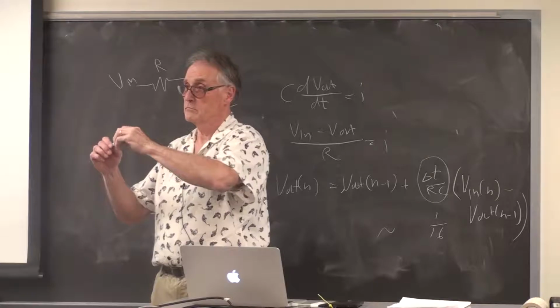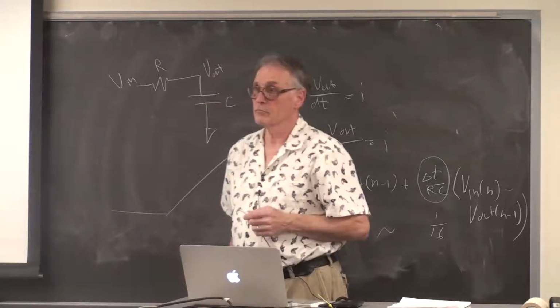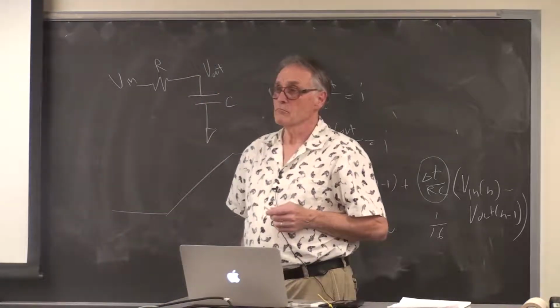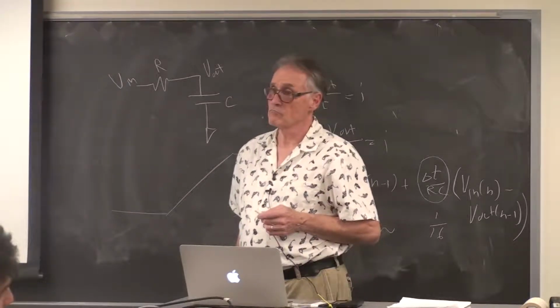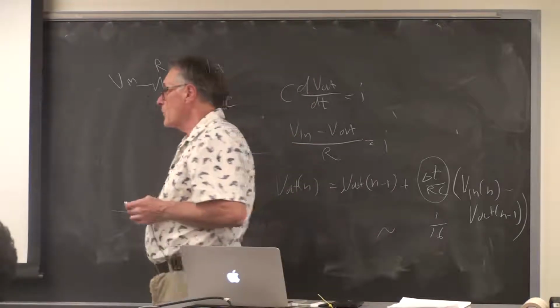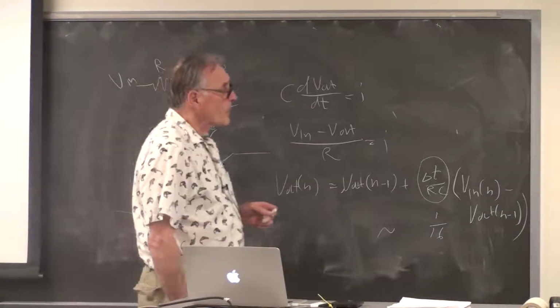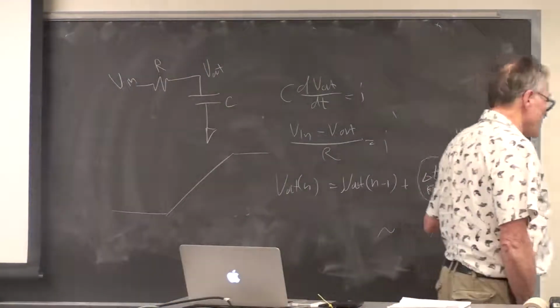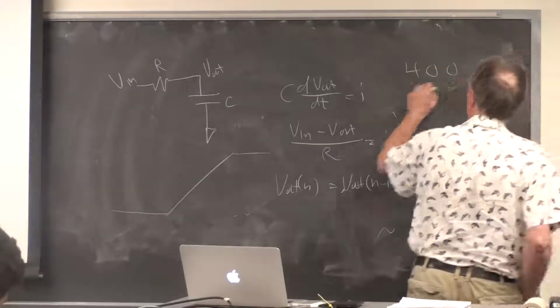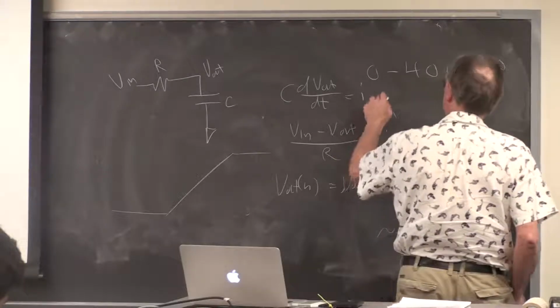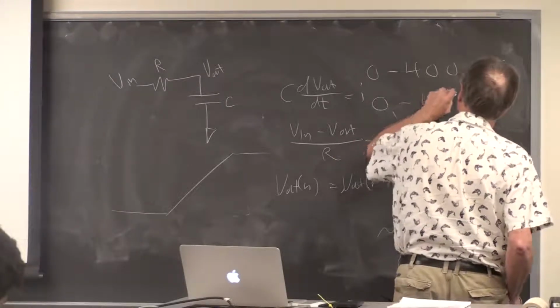When you're displaying the motor control value, how do you convert from the 0 to 40,000 value that you're using for PWM to the 0 to 65,000 value that you can actually put on the DAC? Okay, that's a good question. The output of the PWM is going to be 0 to 40,000. The output of the DAC is 0 to 4096.